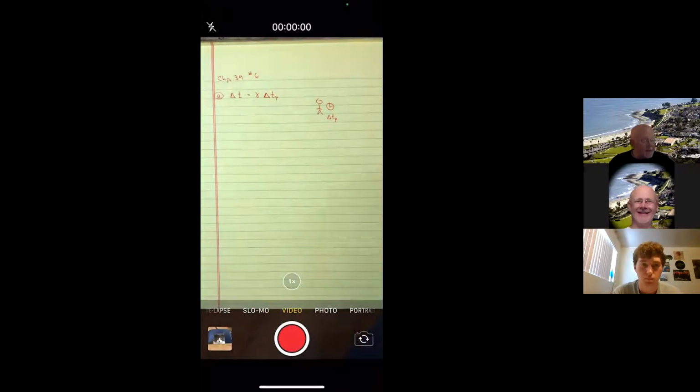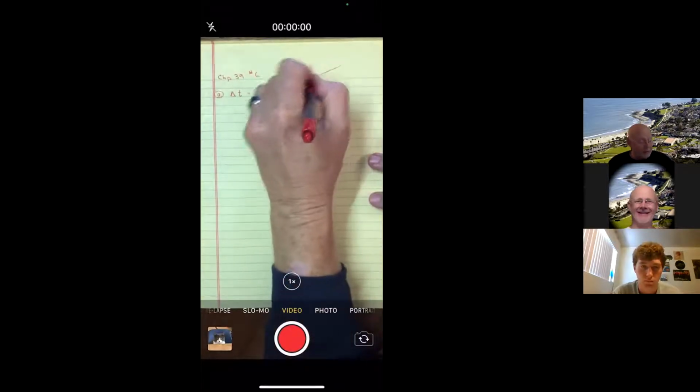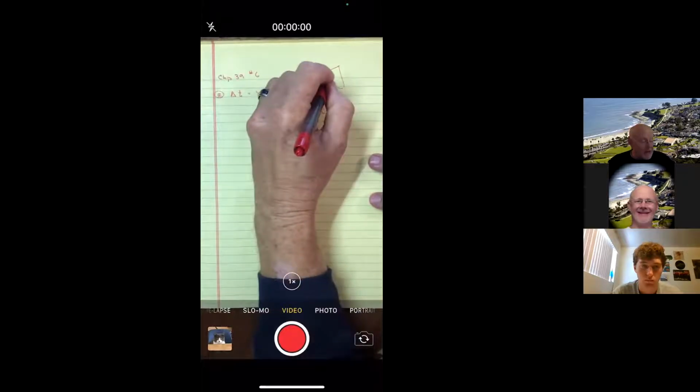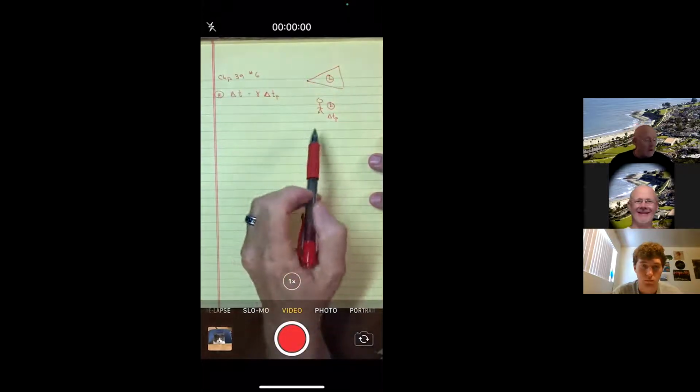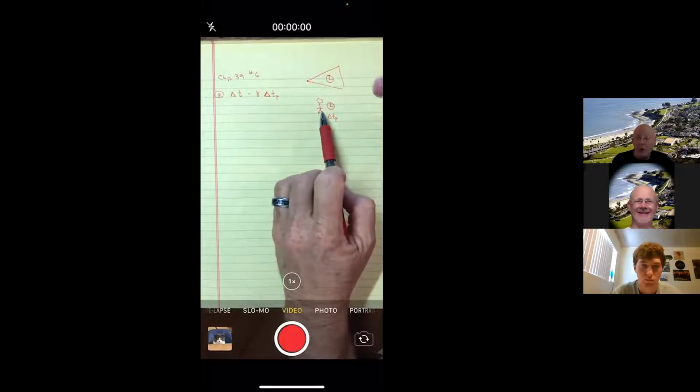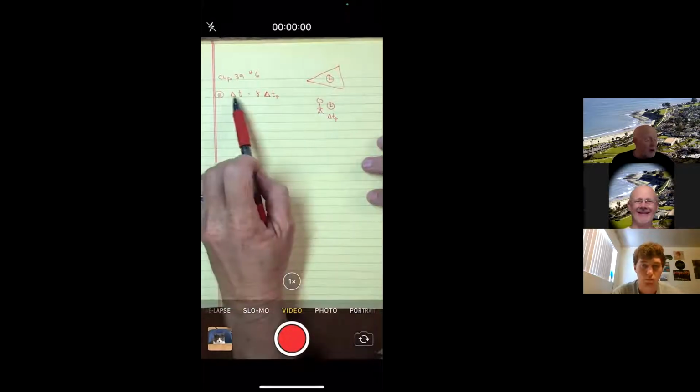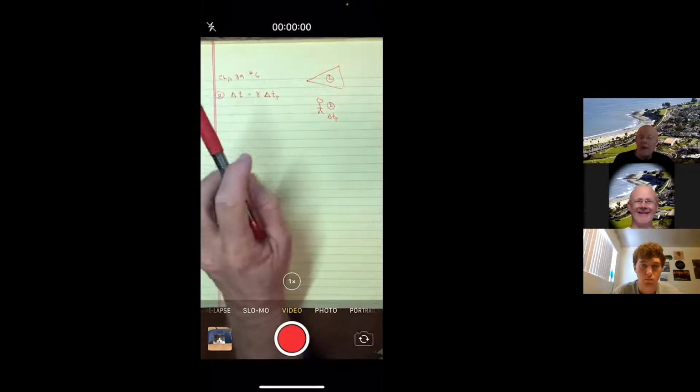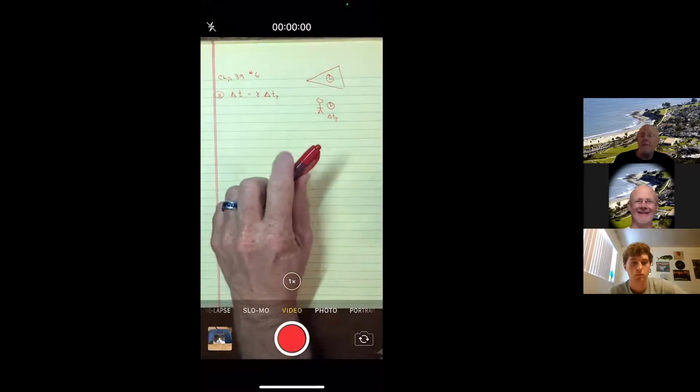So if somebody else is moving, so I'll put a little spaceship here, and they have a clock, their clock would be moving relative to the event, your pulse, and therefore they're going to measure a different time, and so we call that a non-proper time.